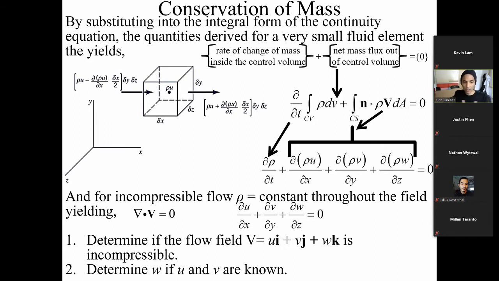So this is another approach that you can take if you need to determine a velocity component, or you simply need to determine if the flow is compressible or incompressible, and it would need to satisfy this equation. All right. So this was the continuity equation.